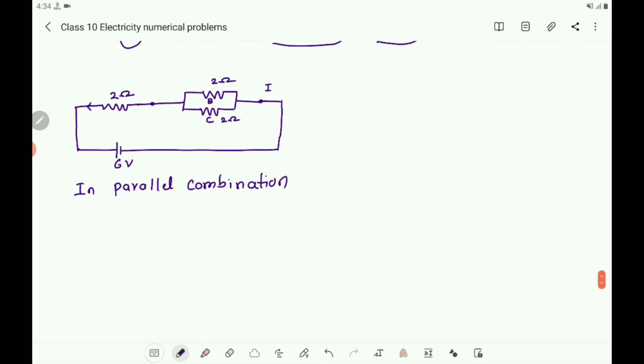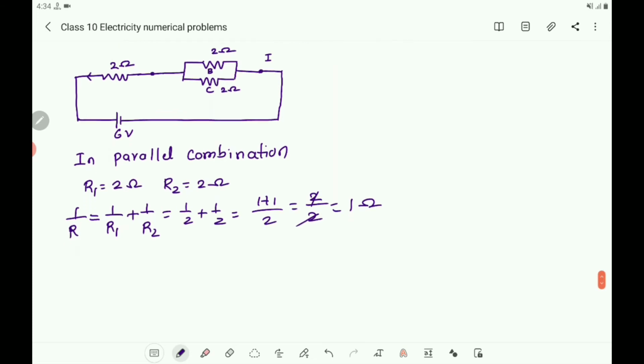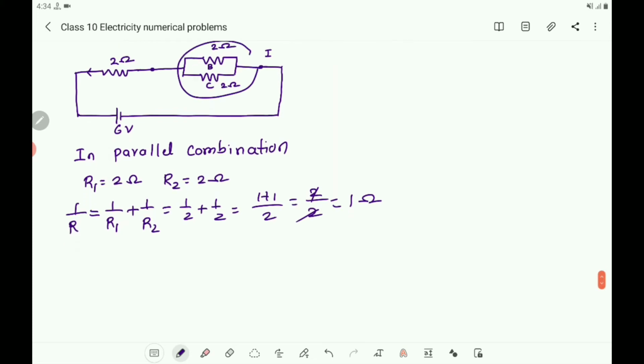In parallel combination, first you take R1 equals 2 ohm, R2 is also equal to 2 ohm, and the equivalent resistance 1 by R equals 1 by R1 plus 1 by R2, that is 1 by 2 plus 1 by 2. So that becomes 1 plus 1, that equals 2 by 2. So you will get the resistance of 1 ohm. In this combination the total resistance is 1 ohm.